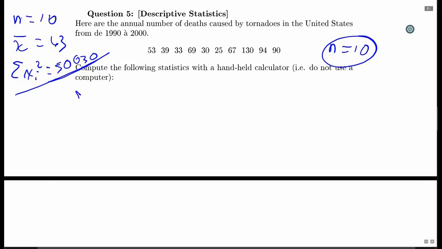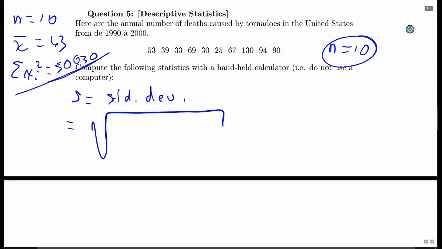Here I'll denote the standard deviation S, and it will be computed in the following way. It's the square root, and inside the square root, in the denominator we have n minus 1, and in the numerator we have the sum of the squares, minus the square of the total, which is divided by the number of observations that we have.